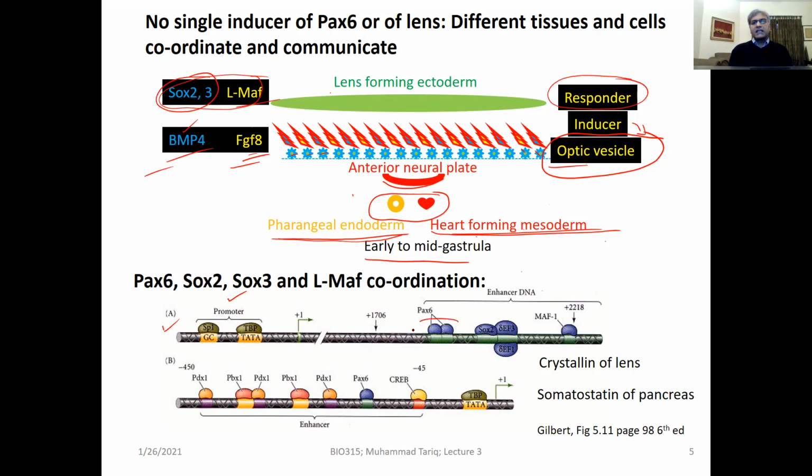Then you have the PAX6 binding sites, MAF binding sites, PDX, PBX, etc. All of these, PAX6, SOX2, SOX3, L-MAF, work in very specific coordination. It's the coordinated action of these transcription factors which produces changes that set the stage for lens formation.